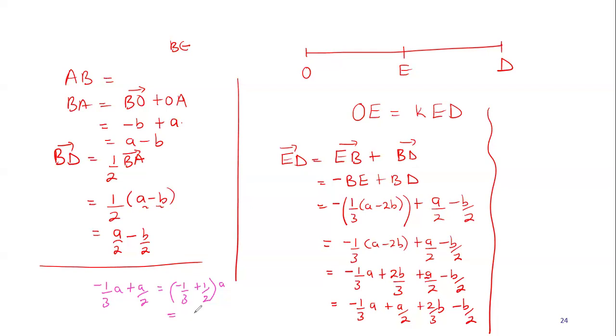So here you notice we shall have A out of 6. Do the same to the other one: 2 out of 3 B minus B out of 2. Then you say this is 2 out of 3 minus 1 out of 2, everything into B. Put in your calculator 2 out of 3 minus 1 out of 2. Still this will be B out of 6.